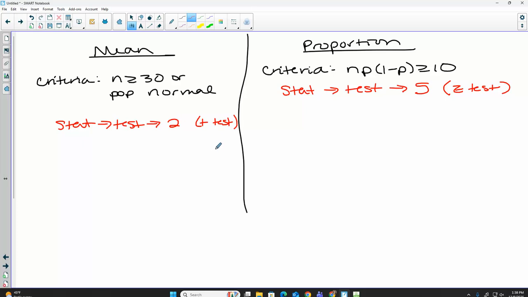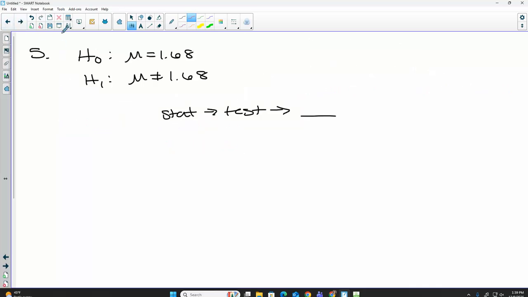Number 8. Okay. So do I have data or stats on this one? Data, although I should have entered it already, shouldn't I? All right. So if you want to practice, you can put this into your L1 real quick.